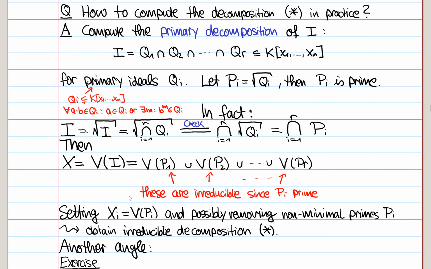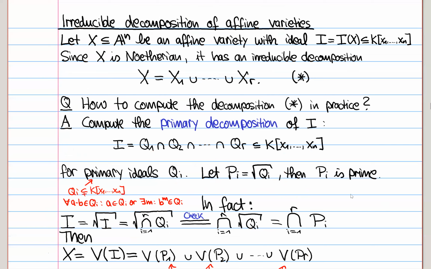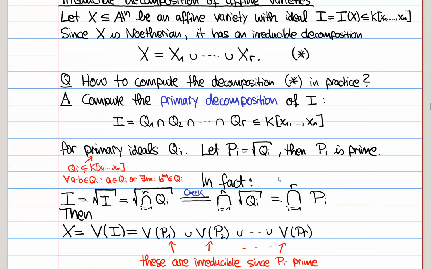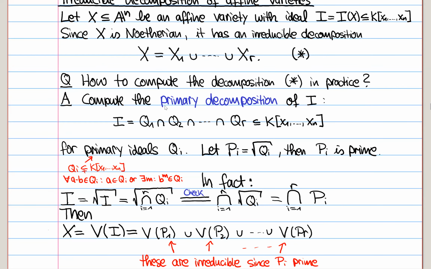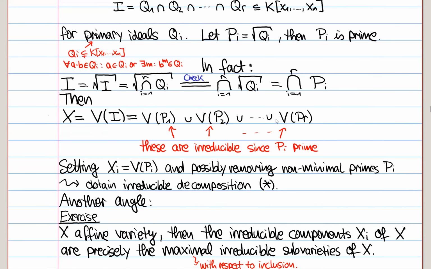After removing them, we obtain the unique irreducible decomposition. So the upshot of this part is that to get the irreducible decomposition, what we should do on the commutative algebra side is the primary decomposition. And in a certain sense, this again justifies why the primary decomposition on the commutative algebra side is a nice thing to consider, because it allows us this more geometric decomposition of closed subsets.